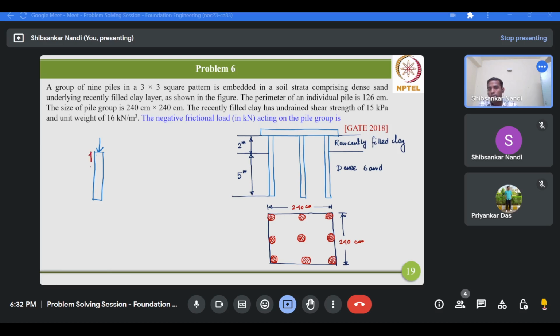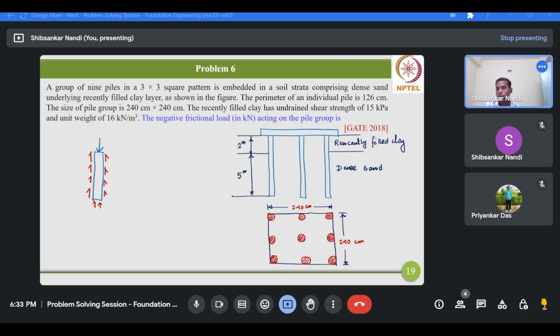This compression or load will be resisted by shear stress mobilized along the length of the pile, which is known as skin friction resistance, and the point bearing resistance acting at the pile tip or pile base. That's why when we determine the load carrying capacity of a pile, we calculate these two components individually, and we take the summation of the two to report the load carrying capacity of the concerned pile.